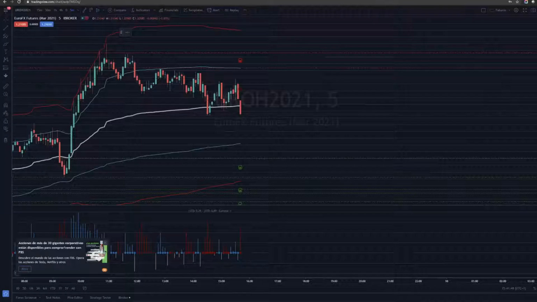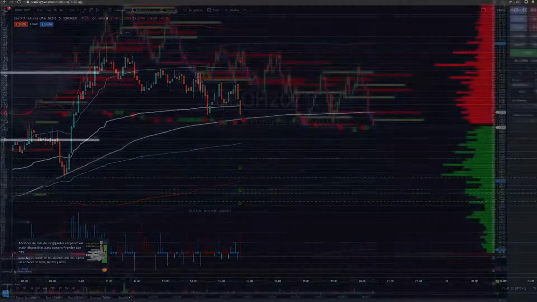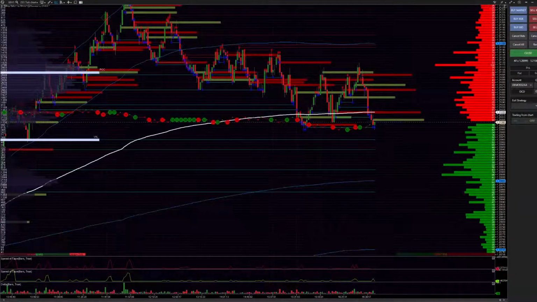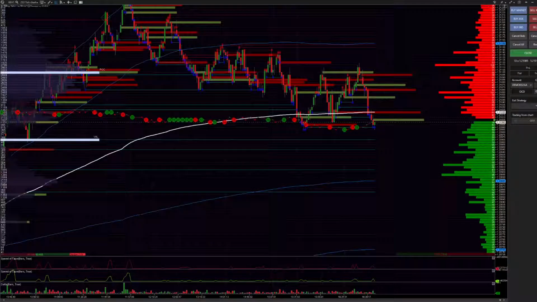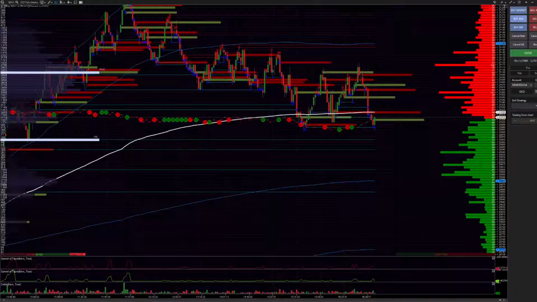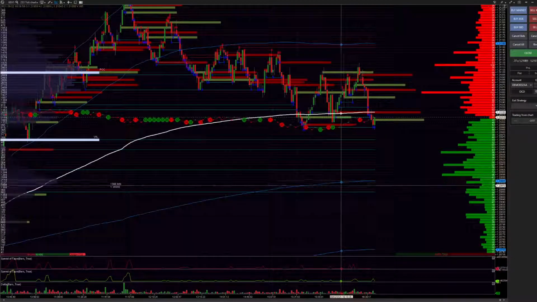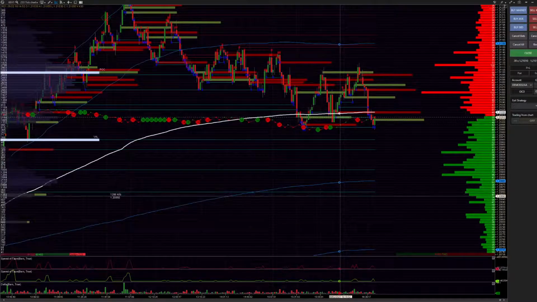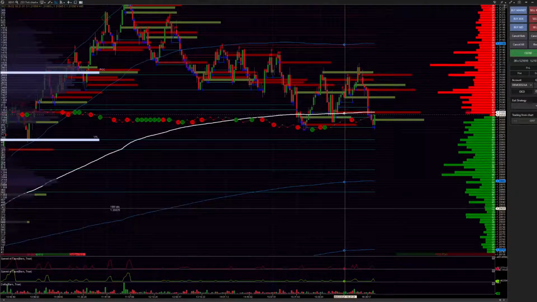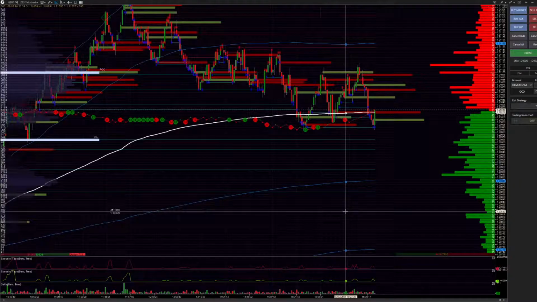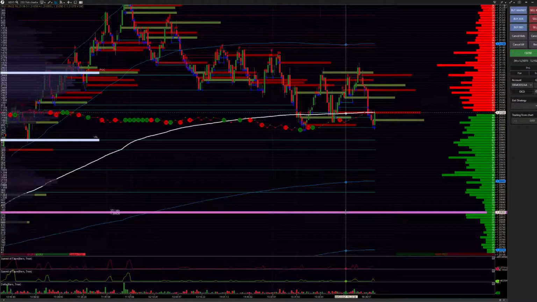So we go back to the chart where we are analyzing the order flow. We can see that price 8020 will be about here. Let me just put a horizontal line.